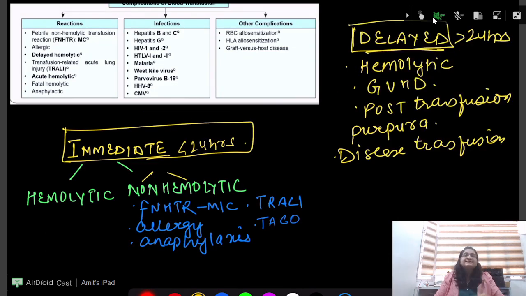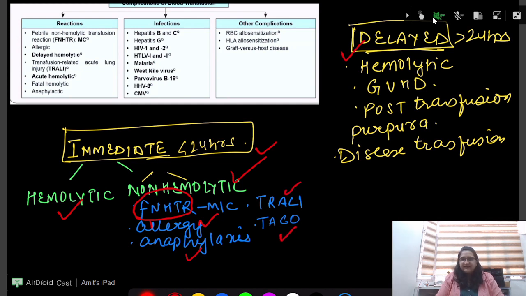Next are the various adverse effects which can occur because of transfusion. So transfusion related problems can be immediate or they can be delayed. Immediate can be hemolytic or non-hemolytic. In non-hemolytic, please remember FNHTR is the most common. In non-hemolytic: FNHTR, allergy, anaphylaxis, TRALI, TACO.